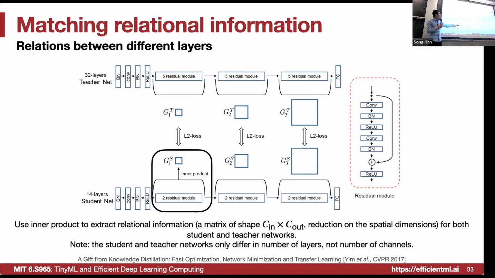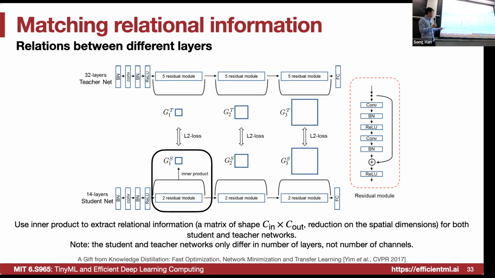Previously we were just matching activations one by one, this activation versus this activation. But actually we can also match the relationship between two locations at the same time. From the output of stage 1 and the output after this residual module, we put them together and match that of the teacher model.